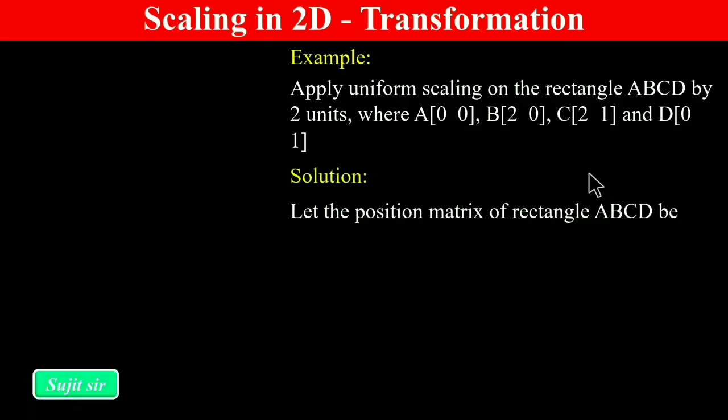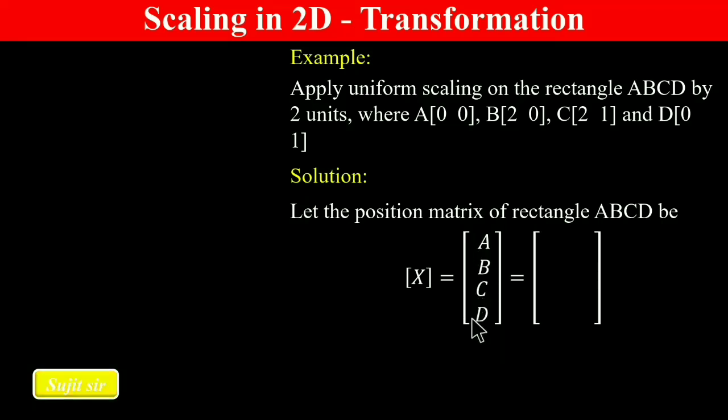As usual, first we have to write this rectangle ABCD in matrix form as matrix X, with the vertices in rows, where A is 0 0, B 2 0, C 2 1, and D 0 1. Let's see the geometrical interpretation of this rectangle ABCD.